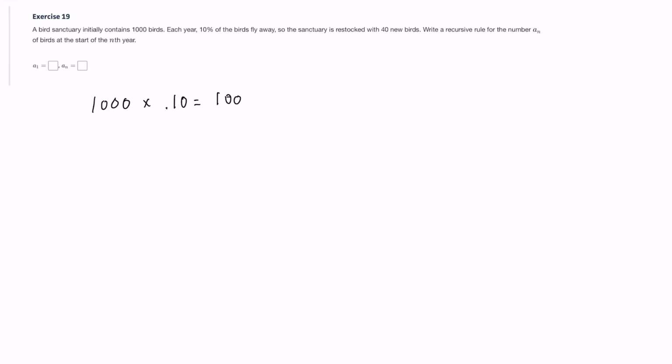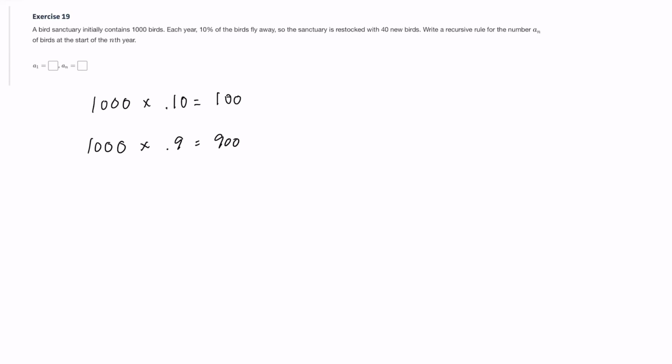Well, if 10% go away, that means we have 90% left. So what if instead of 10%, we multiply this by 0.90 or 0.9, and that equals 900. That tells us that we actually have 900 birds left this first go around.